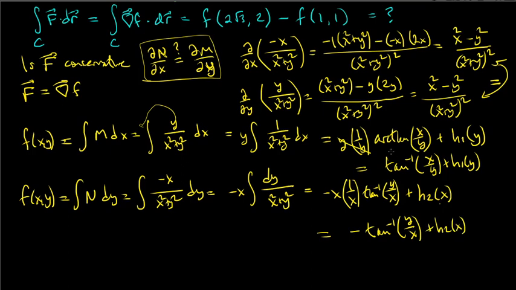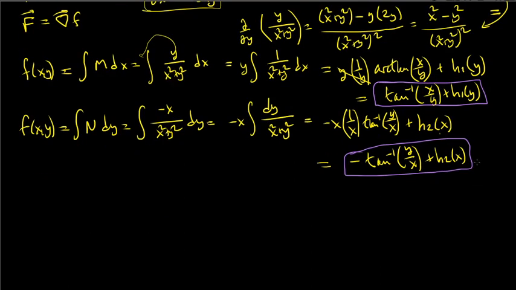Okay, so right here was the first integral, here was the second integral, and you can see that this arctangent of y over x is neither a function of only x or only y, it's a function of both, right? So these h's right here are just constants. This is just c.